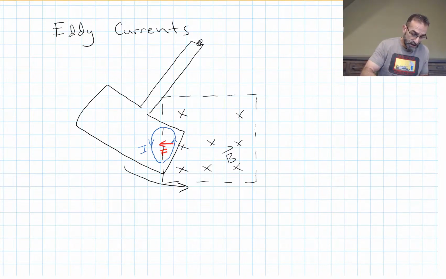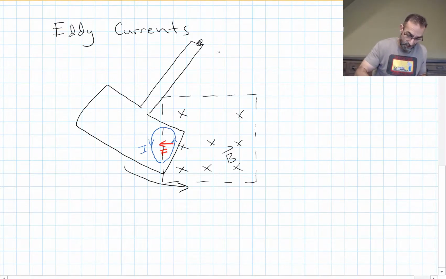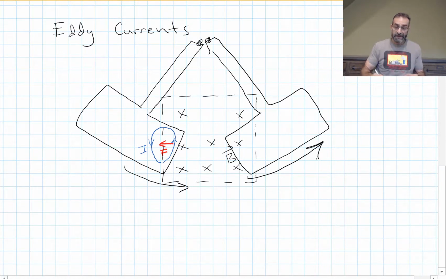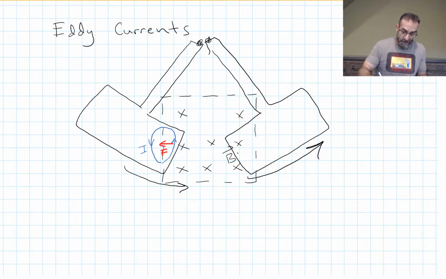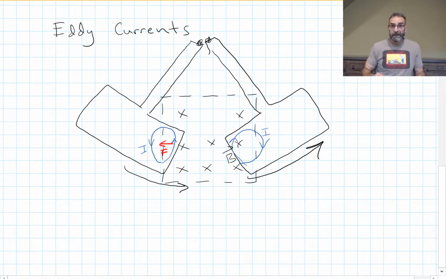If I make my pendulum swing out the other side, where this pendulum is swinging in this direction, the magnetic flux is getting reduced as the conductor moves out of the magnetic field region. So a current is going to get set up to try to increase it. We have a current moving in a magnetic field.